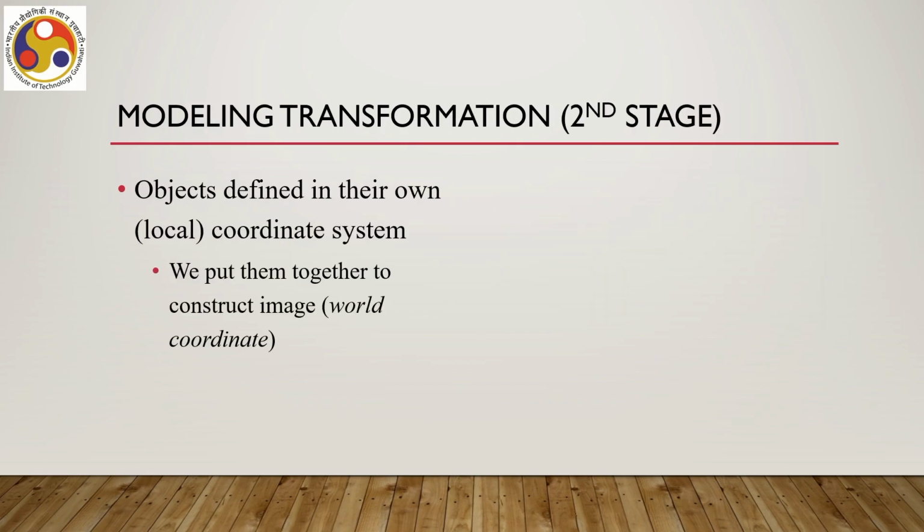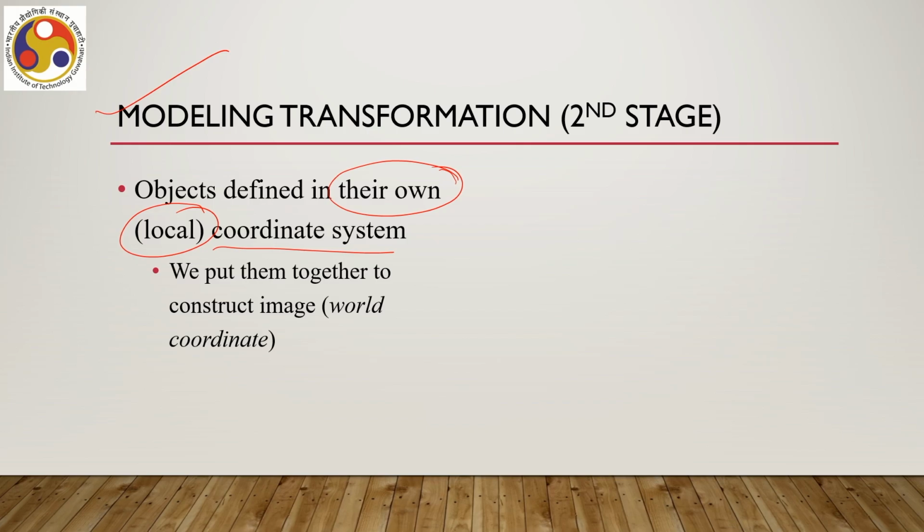Then in the second stage, we perform something called modeling transformation. When we say that we define the object, essentially we are defining the objects in their own coordinate system, which is often called the local coordinate system, local to the object definition. Now, when we are trying to render a scene, the scene is made up of multiple objects, each object defined in its own coordinate system.